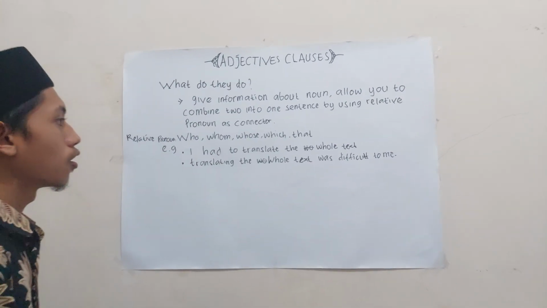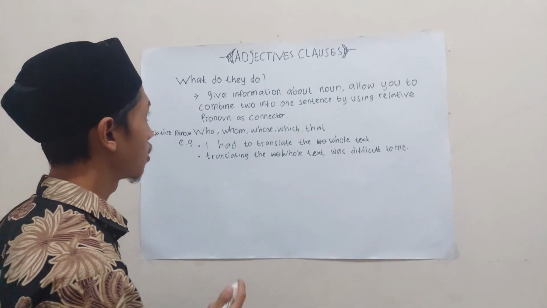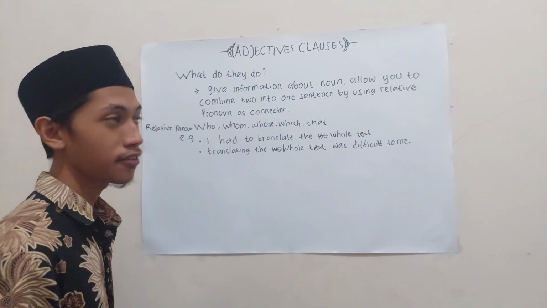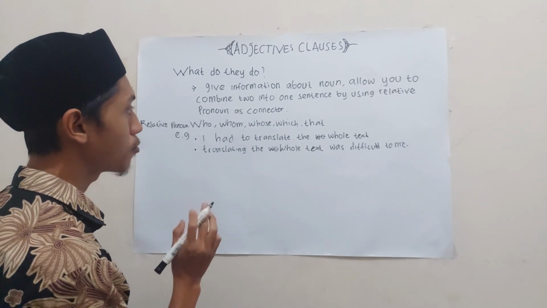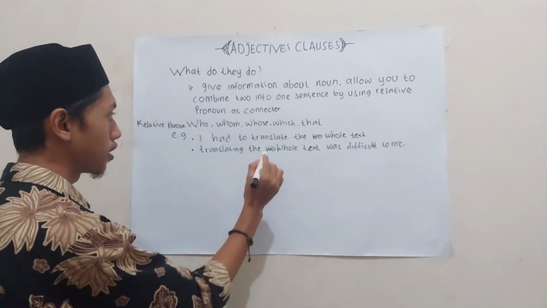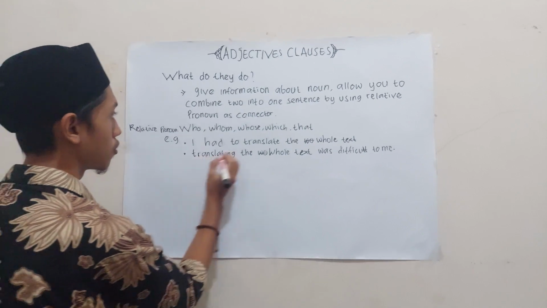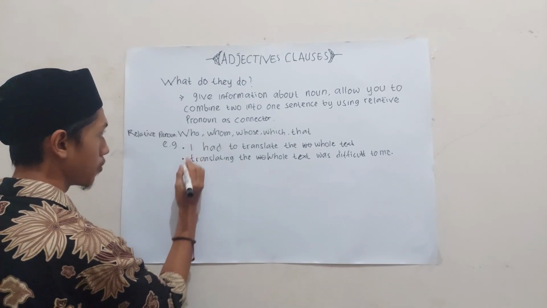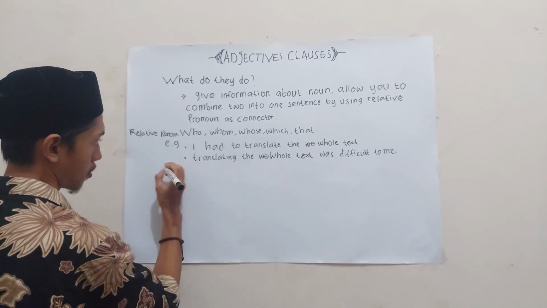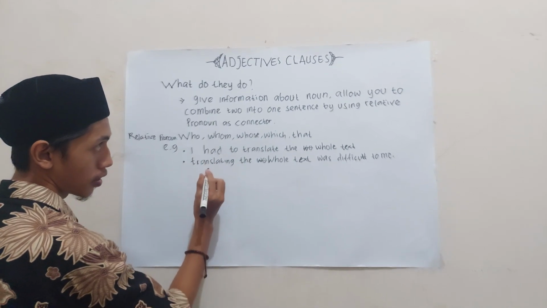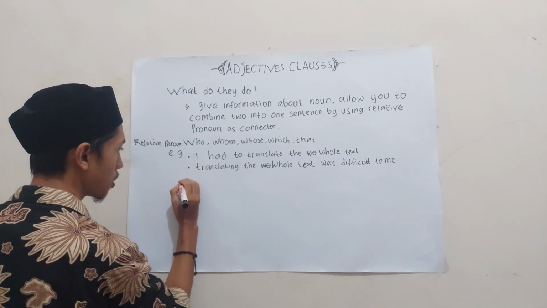So, how can we combine these two sentences into one sentence? We can use the adjective clause. The first step is we search for the same words in these two sentences. Translating the whole text and translating the whole text are the same. So, we can combine them by using a relative pronoun like which.